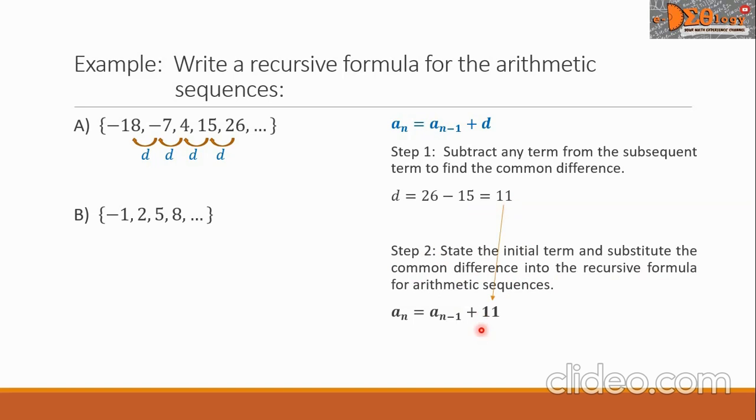So you see here, a sub n equals a sub n minus 1 is copied, plus the d, and it is now changed into 11. So this is now our recursive formula. We will just copy this below problem A.